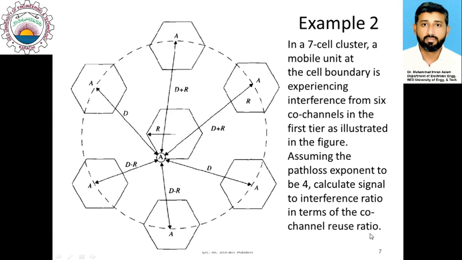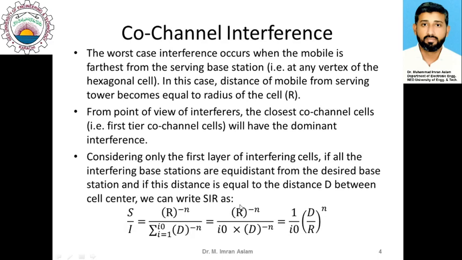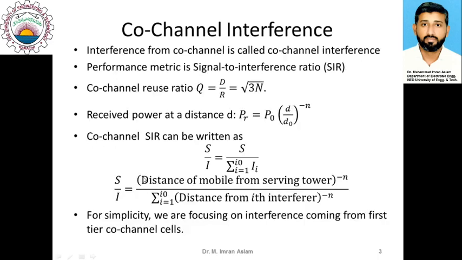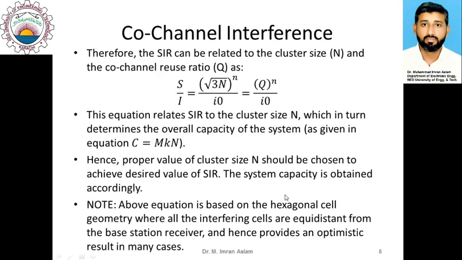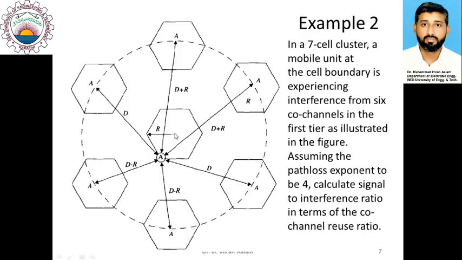So we want to calculate S by I. In order to do that, first we need to calculate this distance R, because what we need is the distance from the serving base station divided by the sum of all the distances from all possible interferers. Here the base station is at the center of the cell, so the distance to mobile A would be R, which is the radius of the cell.